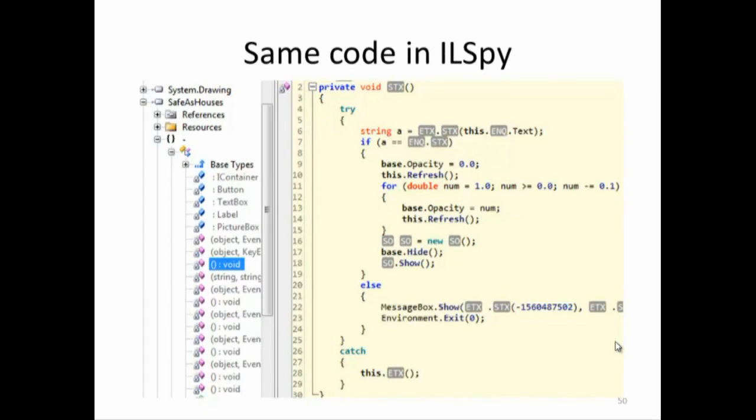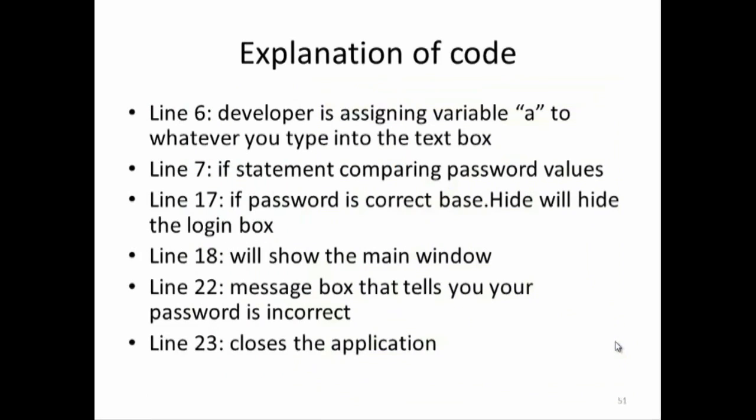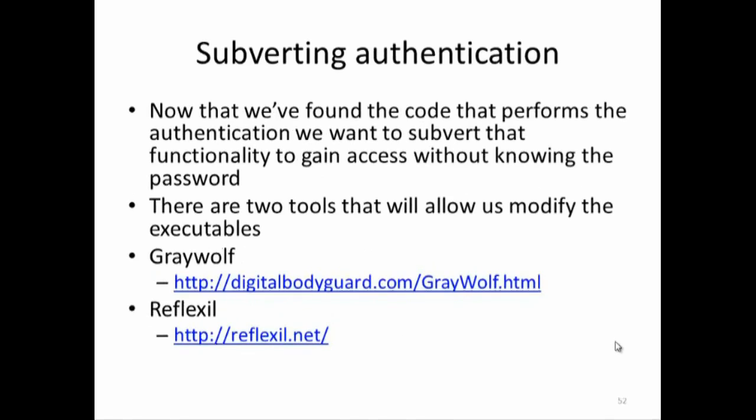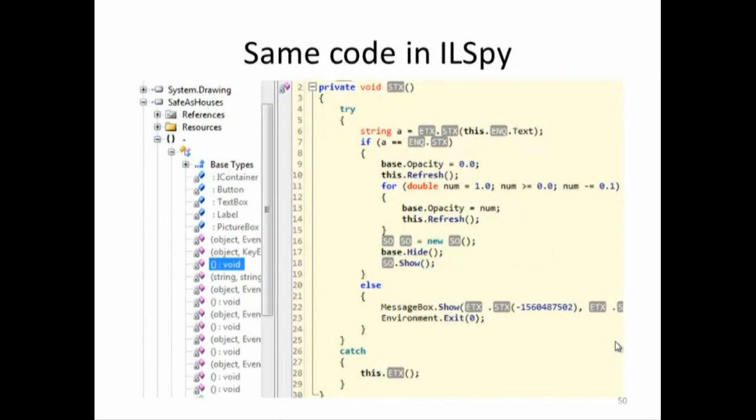It's saying, if a equals this, then we're going to go down into this code block if those do equal each other. So line 17 says if the password is correct, base.hide will hide the login box. Remember we talked about how you hide one window and then show another. So line 17, base.hide.